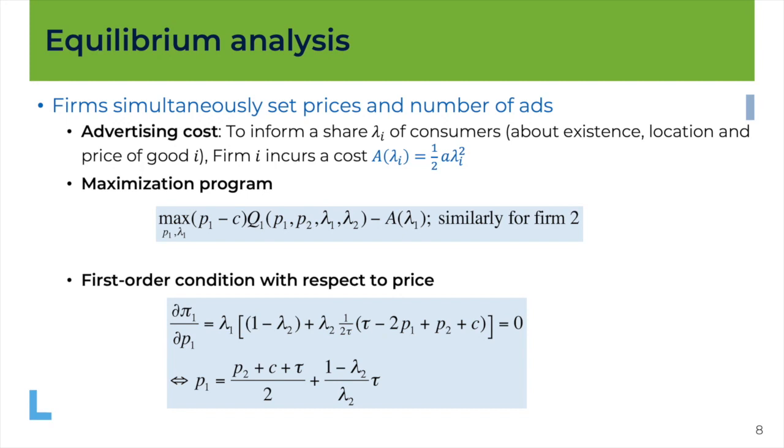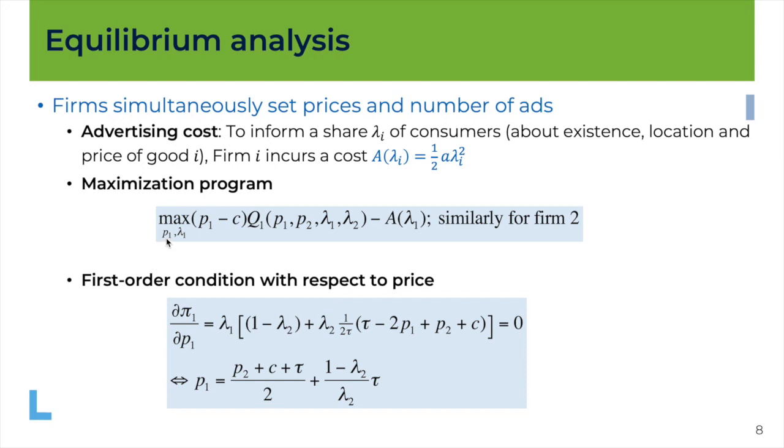So it becomes more and more costly to add more folders into the boxes of the houses in this street. Another way to say that is that you've got decreasing returns to scale of advertising. Right? So what are the firms choosing?